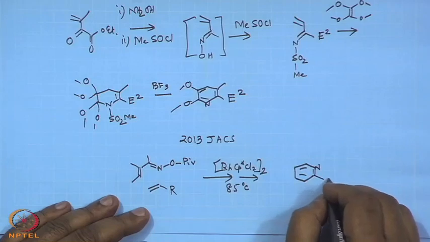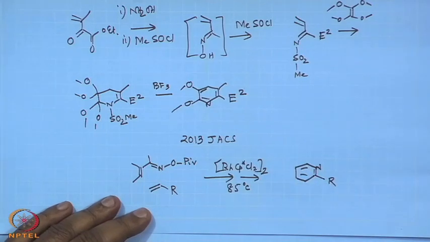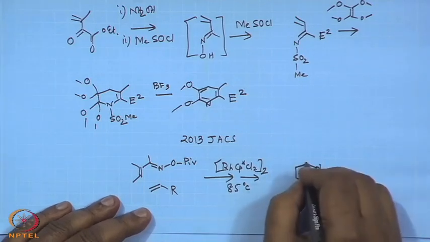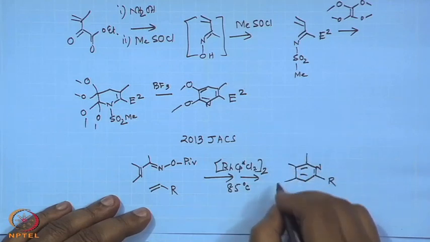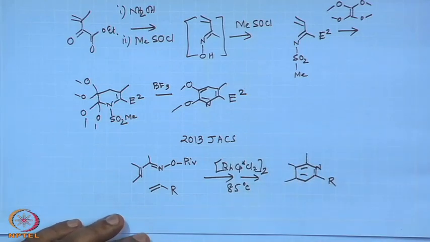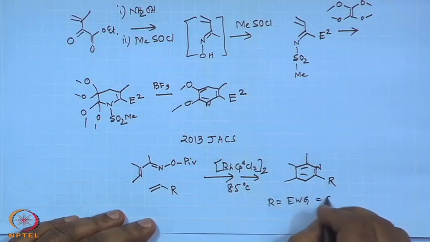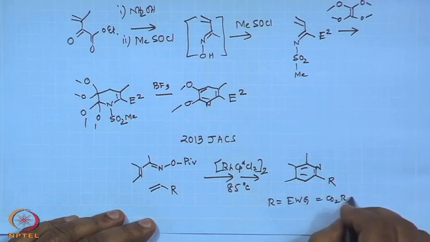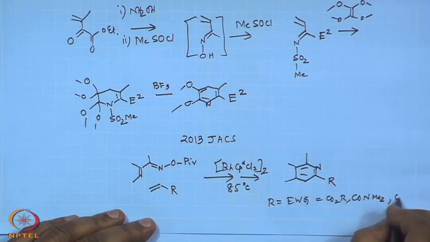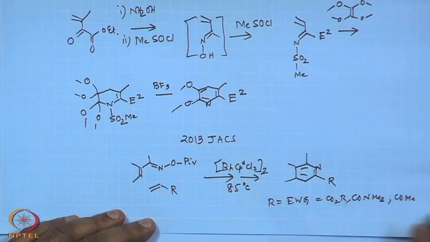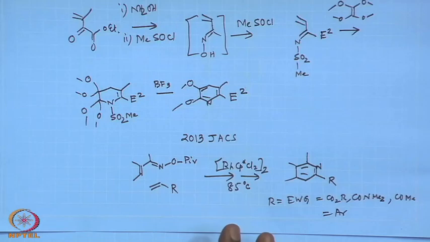That dictates the substituents to be adjacent to nitrogen, and the rest of the groups are wherever they were required. The R in this case is an electron withdrawing group, which is an ester, it could be amide, carbonyl, or sometimes even aryl. So, it is a very versatile reaction.